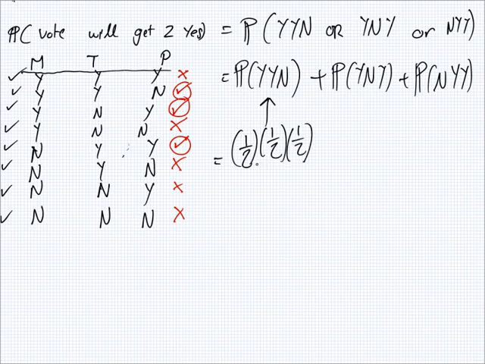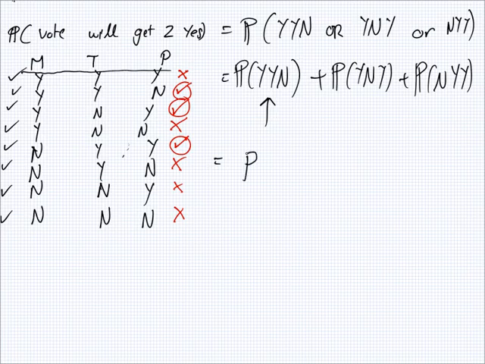Now, if you didn't know the probabilities, so for example, maybe they didn't flip a coin, maybe they rolled the dice. And if it's 1, 2, 3, 4, 5, they vote yes, and if it's a 6, they vote no. So in that example, what would be the probability that Malik votes yes? 5 over 6, and then Tony, 5 over 6, and then Pony, 1 over 6. So rather than putting in numbers, I'll just put in letters, okay?